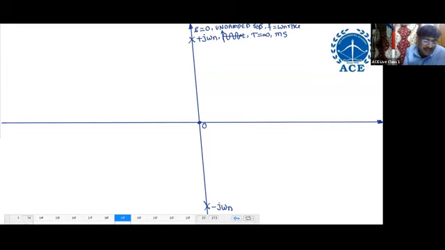When zeta increases, what happens? Listen. When zeta increases, the poles move towards the left-hand side like this.